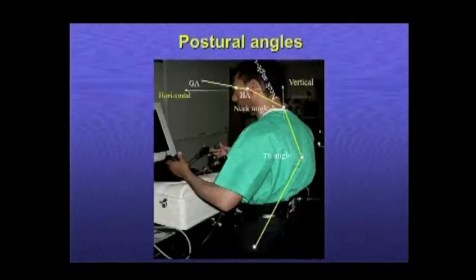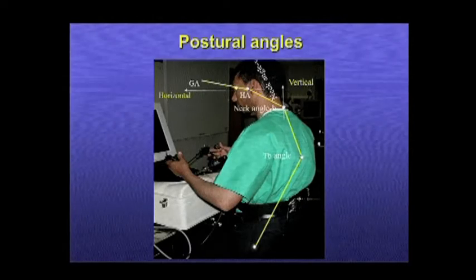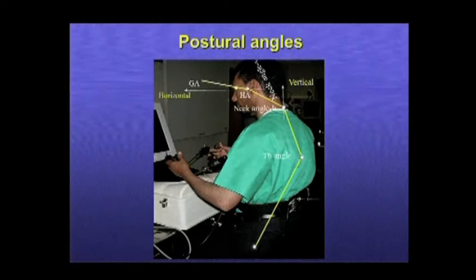But if we study this in more detail, we used tracking systems, tracking all the angles of the back, the neck, this angle is a vertical, horizontal neck to vertical angle, this angle.